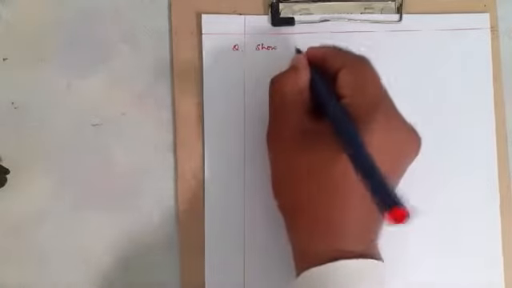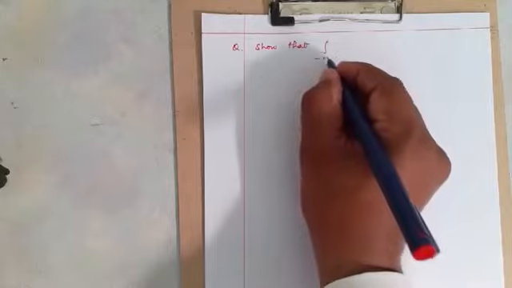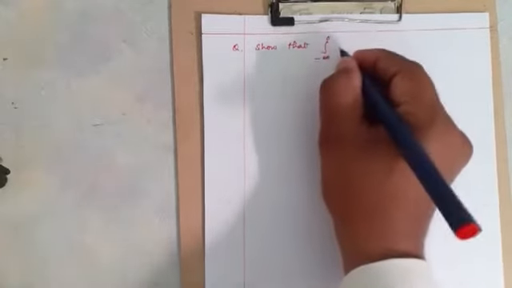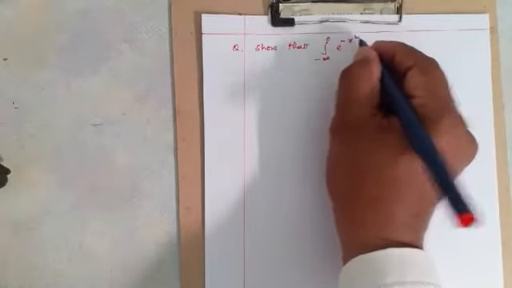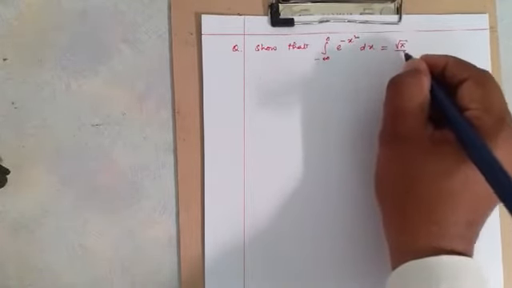Next problem is, let's take the next one. Show that the integral from minus infinity to 0 of e power minus x square dx is equal to root pi by 2.